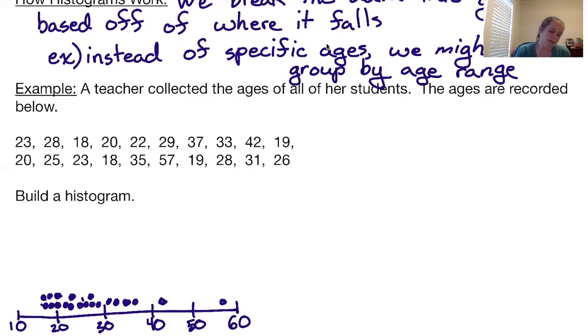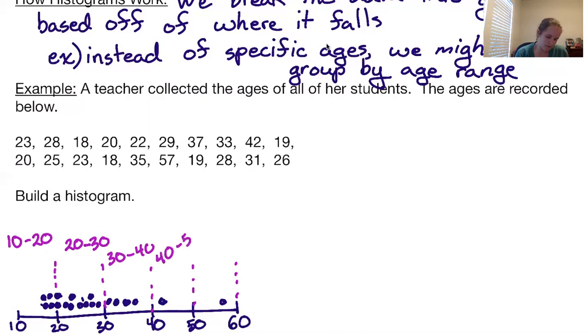So if we look in each range, we are going to count from 10 to 20, from 20 to 30, from 30 to 40, 40 to 50, and 50 to 60.